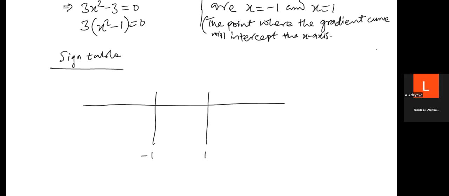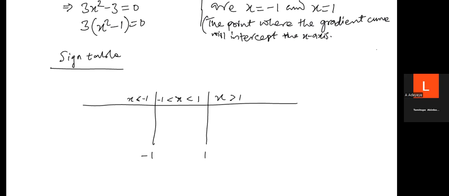Now here, to the right of 1, numbers that are there are greater than 1. To the left of 1, numbers that are there are less than 1. To the right of -1, numbers that are there are greater than -1. So I have here x greater than -1 but less than 1. Then to the left of -1, numbers that are there are less than -1. So I have here x less than -1.